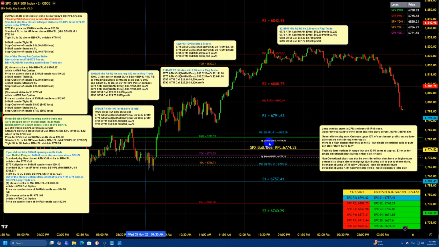So if you're going to use the tight stop losses, then as an example, on a bearish trade on the bull bear KPL, your tight stop loss in a bearish trade taken from that level is the QL above. Whereas on a bullish trade, your tight stop loss is the QL below.